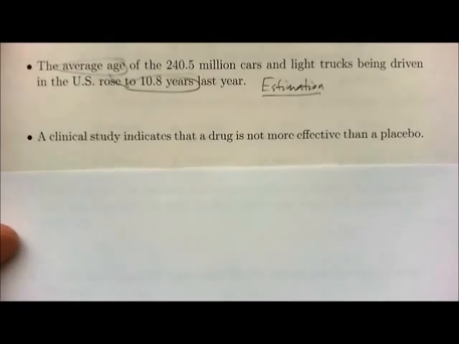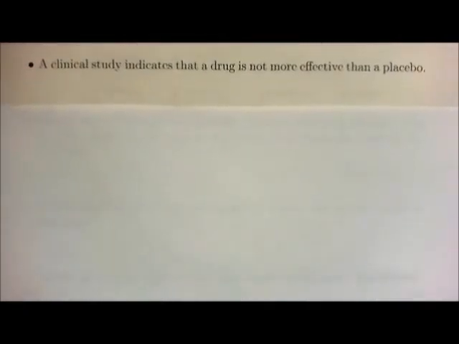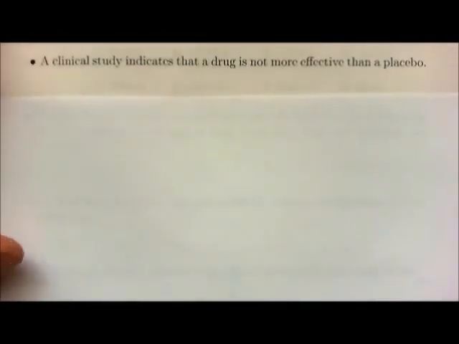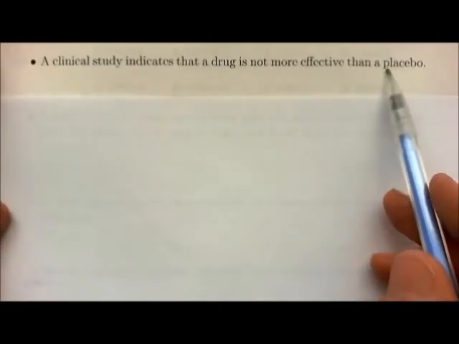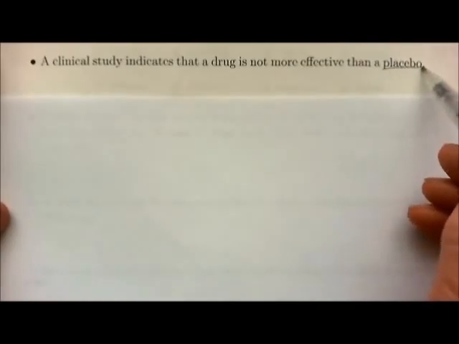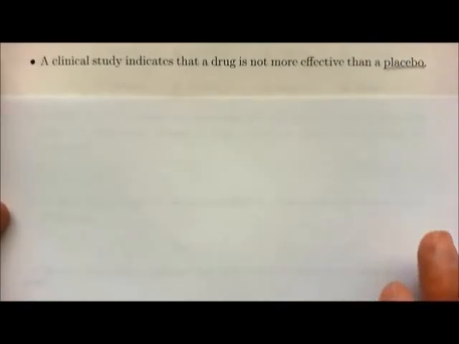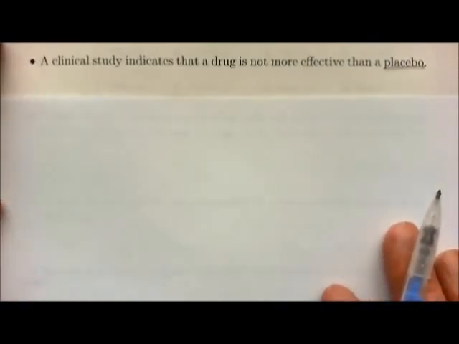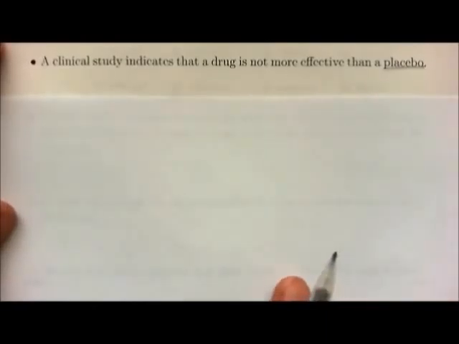Let's look at one more. We see this kind of thing quite often. A clinical study indicates that a drug is not more effective than a placebo. If they're developing a new drug and want to see whether it really does what it's claimed to do, usually they'll split people into two groups: a control group that takes a placebo, which means a pill that looks just like the drug, or a liquid, whatever form the drug is in, and some folks that are taking the drug.